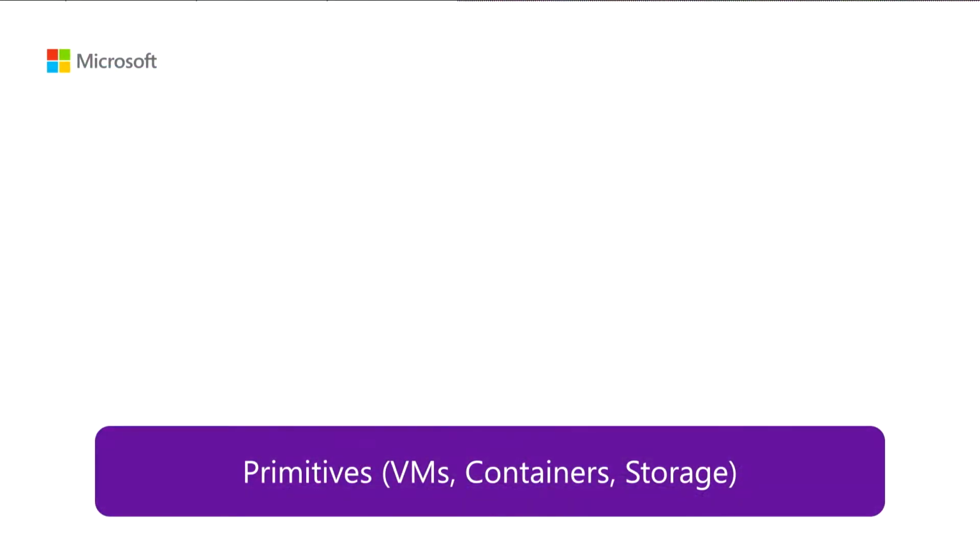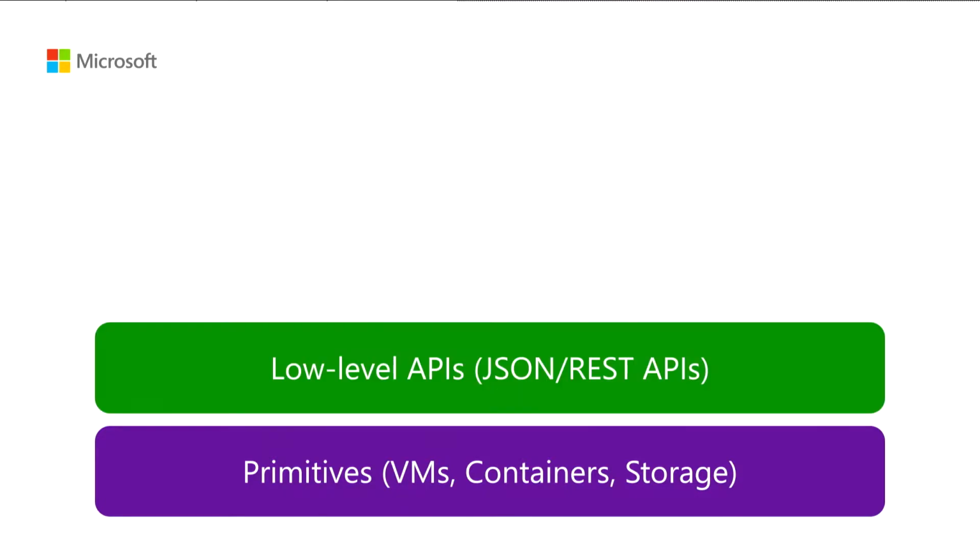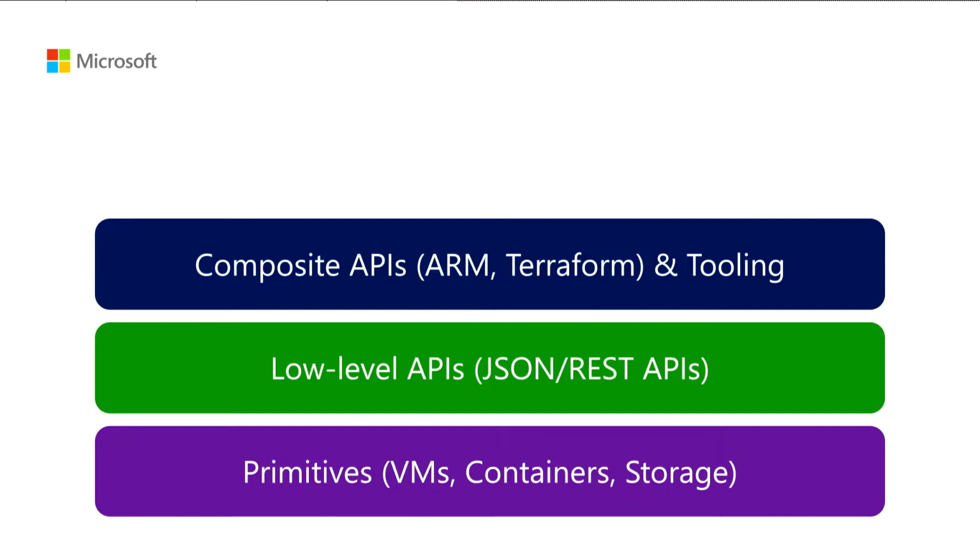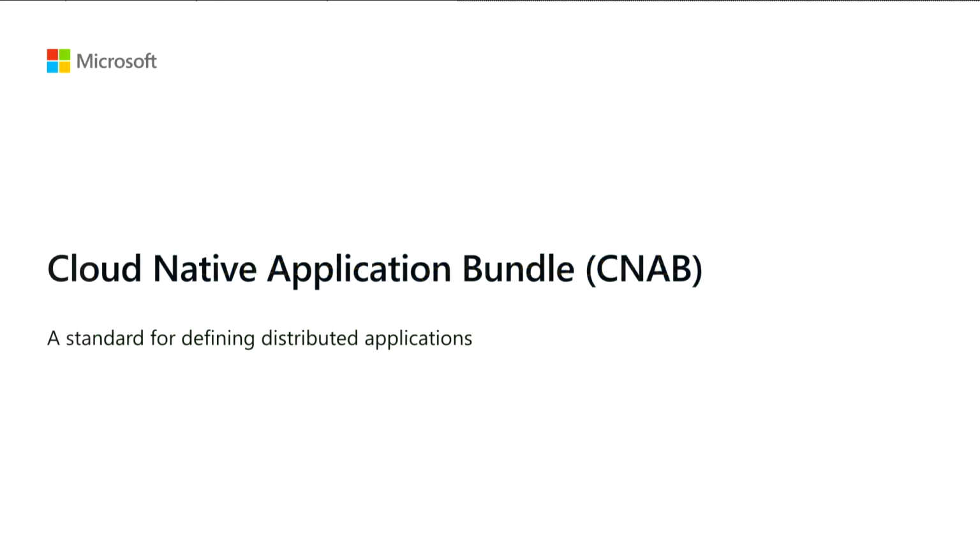And whether you're in the cloud or on-premise or both, we're using primitives like containers, virtual machines, and storage to make our applications work. Low-level APIs help us actually provision these components.